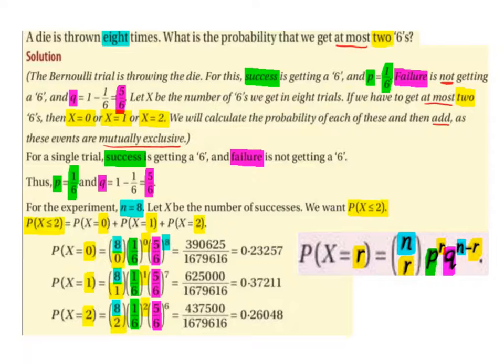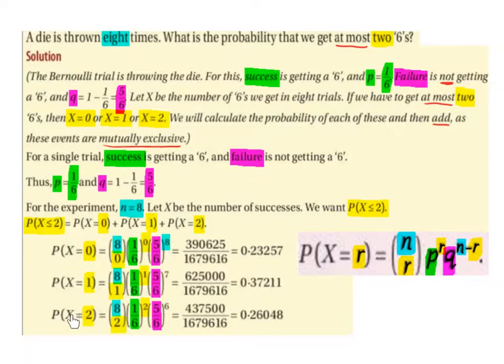And this gives us 0.23257. The probability that X is equal to 1 is going to be 8 choose 1 times a 6th to the power 1 times 5 over 6 to the power 7, because 8 minus 1 is 7, and that gives us 0.37211.